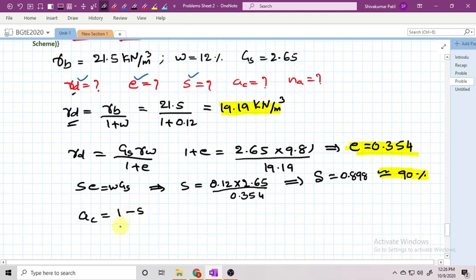So this equals 1 minus 0.898, which is 0.102. That means around 10.2% is your air content.